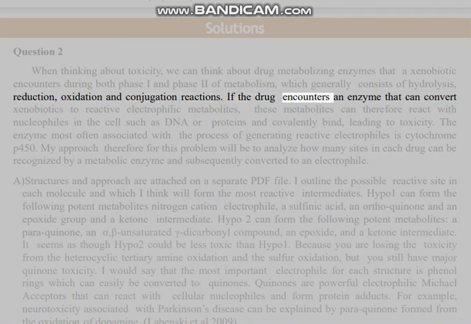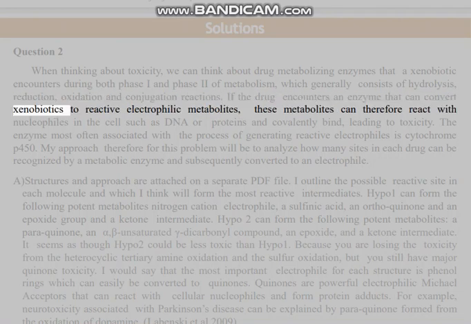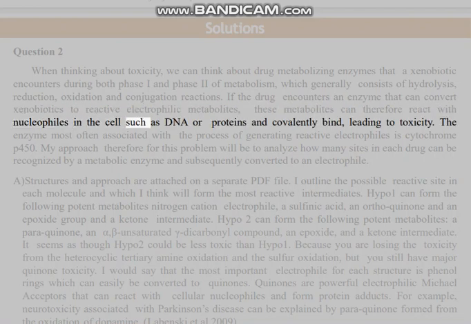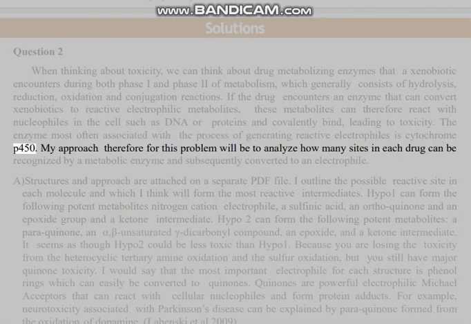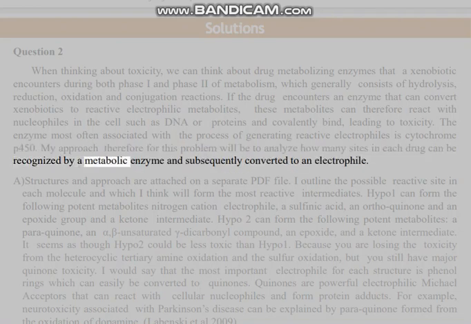If the drug encounters an enzyme that can convert xenobiotics to reactive electrophilic metabolites, these metabolites can react with nucleophiles in the cell such as DNA or proteins and covalently bind, leading to toxicity. The enzyme most often associated with generating reactive electrophiles is cytochrome P450. My approach therefore for this problem will be to analyze how many sites in each drug can be recognized by a metabolic enzyme and subsequently converted to an electrophile.